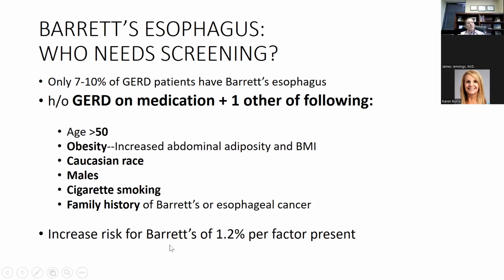Their increased risk for Barrett's esophagus goes up 0.2% per factor. So 6 factors. So their increased risk of having it is up to 20% if they have all of these factors. So if they have GERD and these medications, we definitely will do an EGD alone.